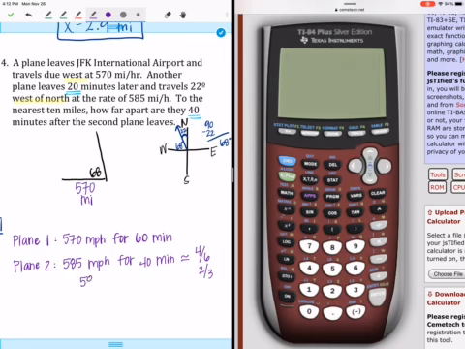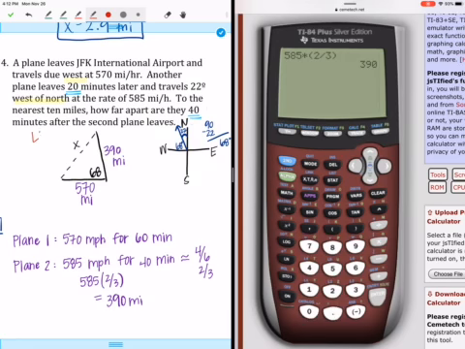So if we go 585 miles an hour, but we only go 2/3 of an hour, then plane 2 has only traveled 390 miles. And we're looking for how far apart they are after that time has passed.